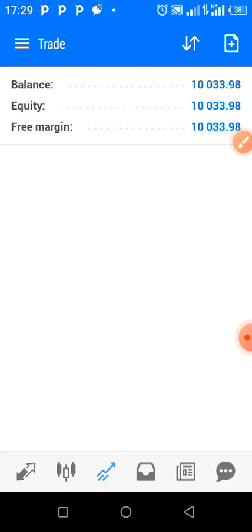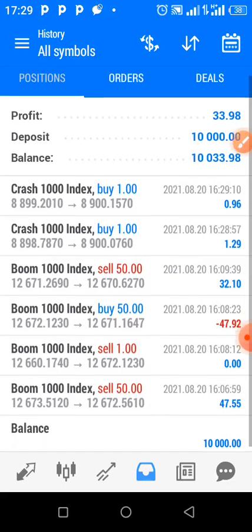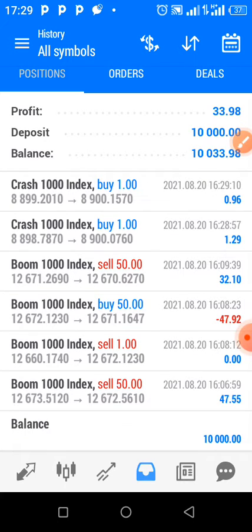See our balance. Our balance is 10,033. The reason for this 10,033 was because there was a place I came to place a trade, and mistakenly the figure was 550 rather than 50. I never looked at it. I just placed a trade.